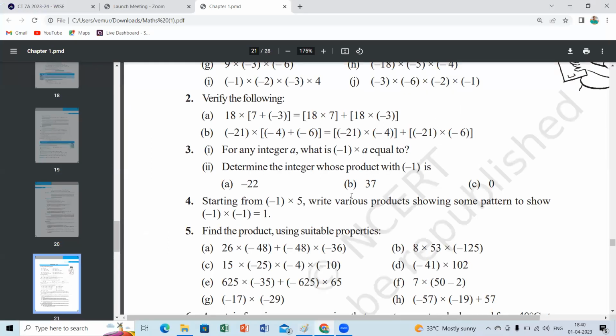Can you do B bit, children? Please try to do B bit and give me the answer. One minute, ma'am. Yeah, start doing in your notebook, Nana.